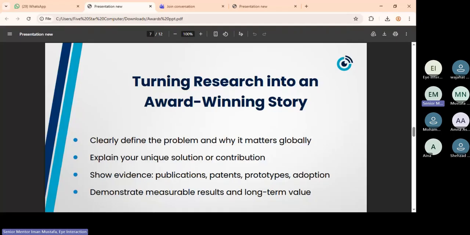You have to follow some steps in order to turn your research into a good award-winning story. First, you have to clearly explain your problem. The problem must be explained very clearly, very carefully, and very deeply. Second, you have to show the unique solution, right?